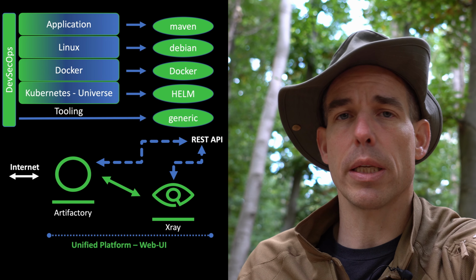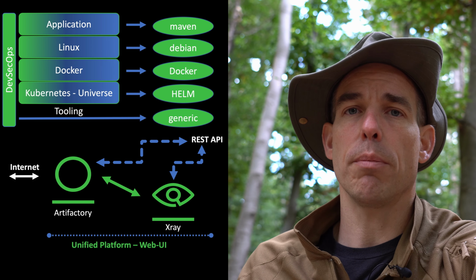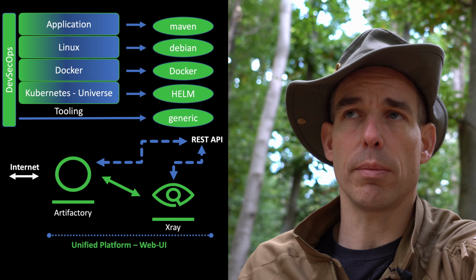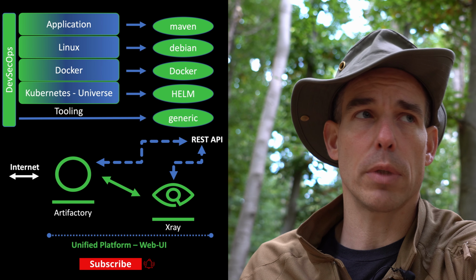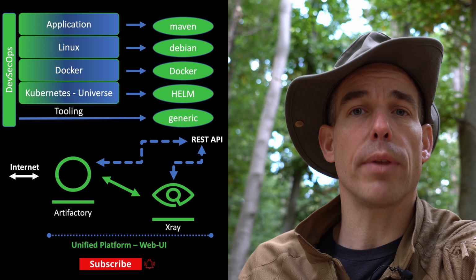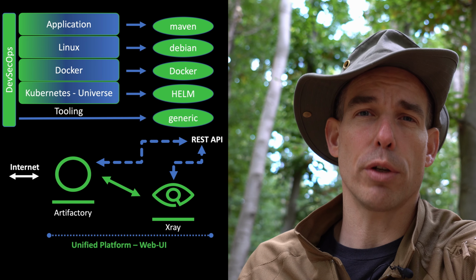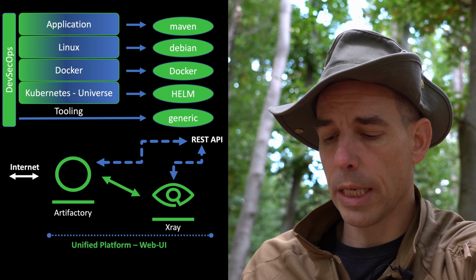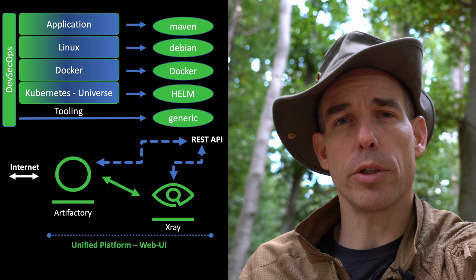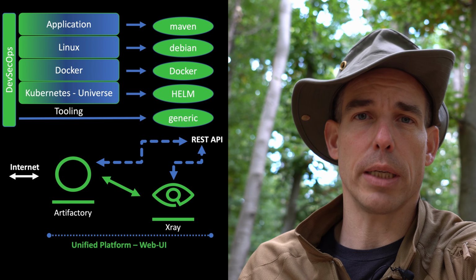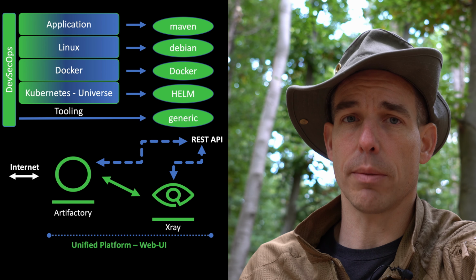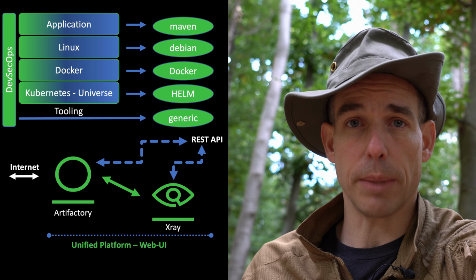And Artifactory is exactly able to handle most of these package managers. The last time I counted was 26 or so. And even if your package manager is not available, you have generic repositories. So with this you have one logical single point where you can start searching for vulnerabilities inside the binaries, and this is done by X-Ray.